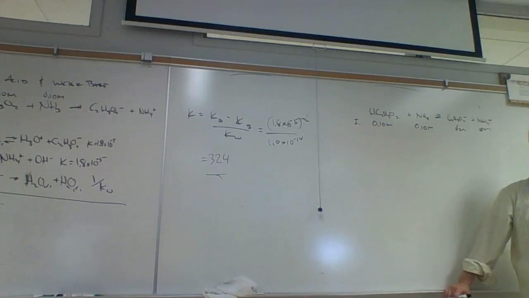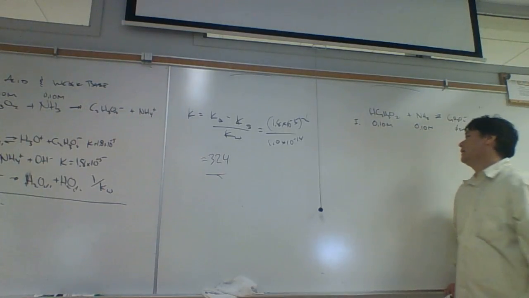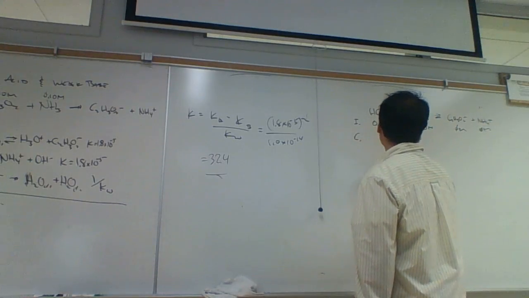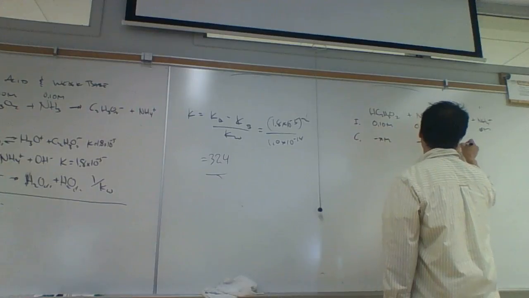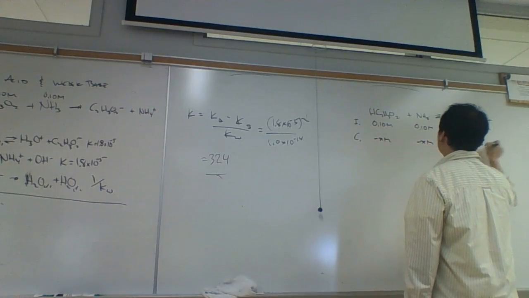Well, let's see. You know what the answer is? No, the pH doesn't come out to 7. Why? Well, actually, maybe the pH does come out to 7. In general, the pH does not come out to 7 because the acid and base can have different strengths. But what impact is that going to have? This is going to be minus X molar, plus X molar, plus X molar.